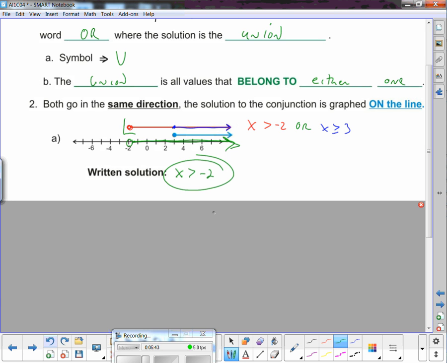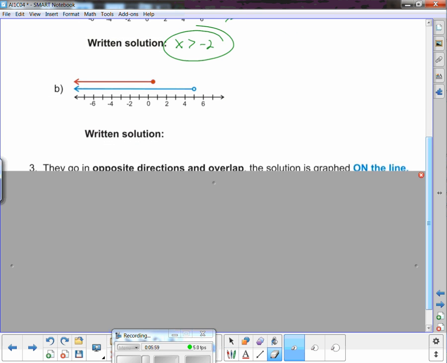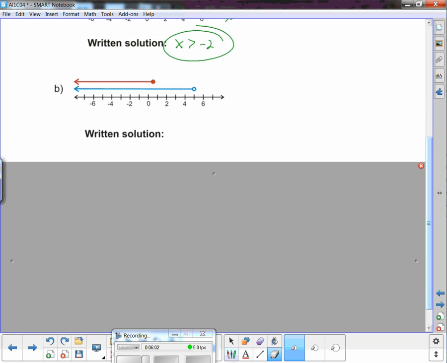Again, what is union? Any values that belong to either one. Or again, if putting the two together is the better way to think of it in your mind, put the two together. Okay, let's try another one. Hopefully it will get clearer and clearer as we go by. Okay, let's write the red inequality.